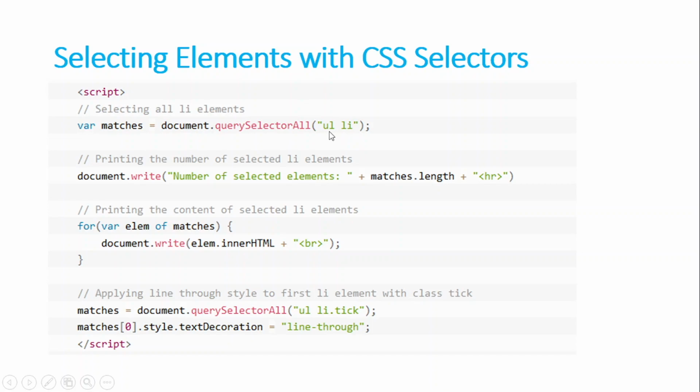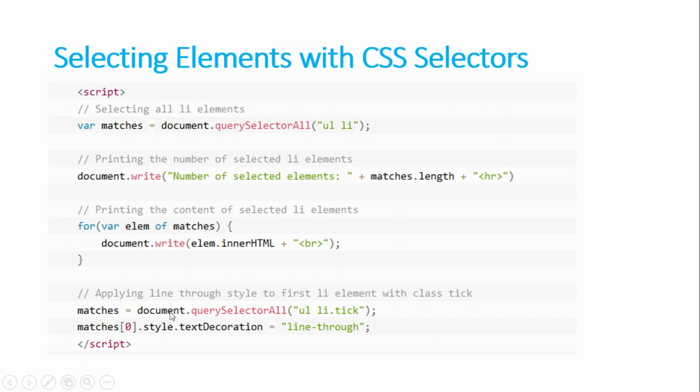We select all those elements and store them inside matches as an array. It will be treated like an array just like the previous examples, and we can directly style all of the elements, or do any type of operation by using a for of loop or for in loop.